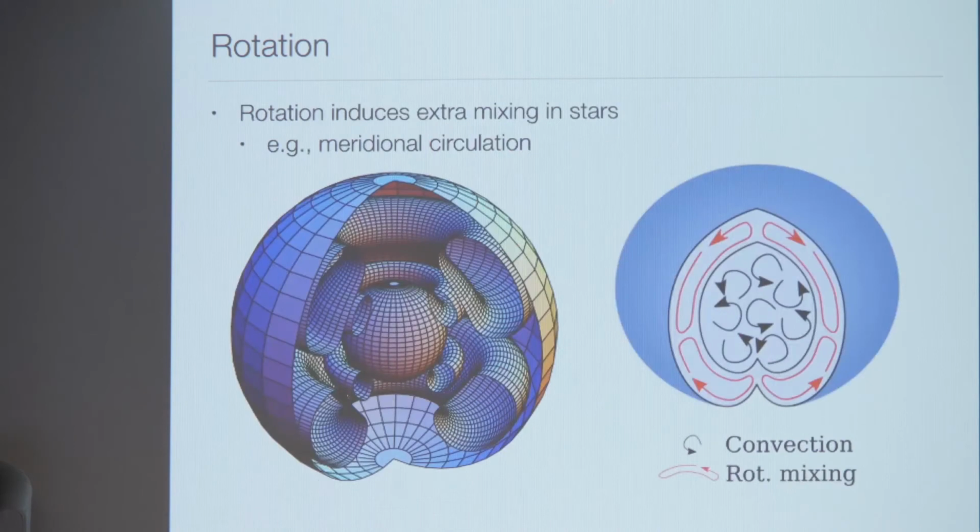And the reason is that if the rotation is rapid enough, then this rotational mixing at the surface and the mixing by convection can mix the whole entire star, and the entire star behaves like a single stellar core.